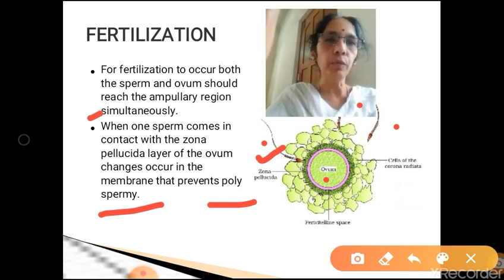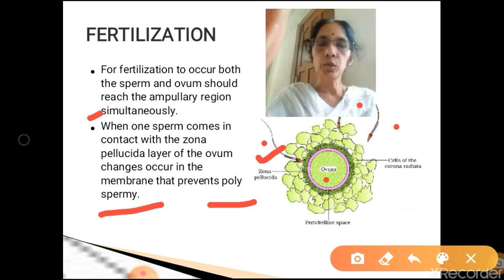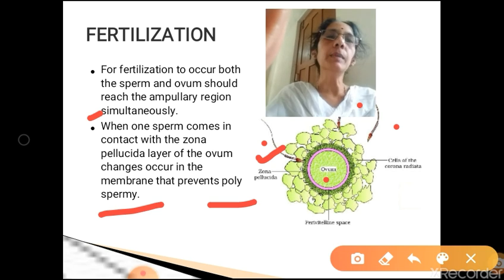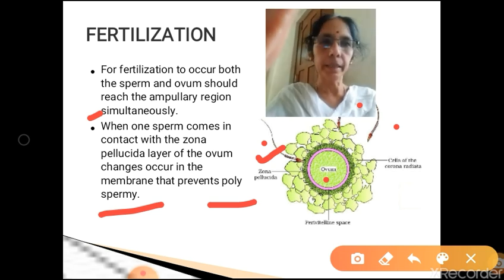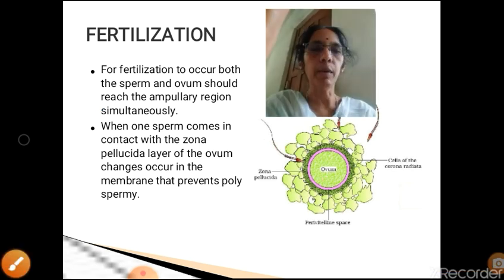Here again you know very well that the head of the sperm is called which region? The acrosome part. So this acrosome part secretes which enzyme? Very good. It is called sperm lysin. That sperm lysin will penetrate the zona pellucida layer of the ovum.